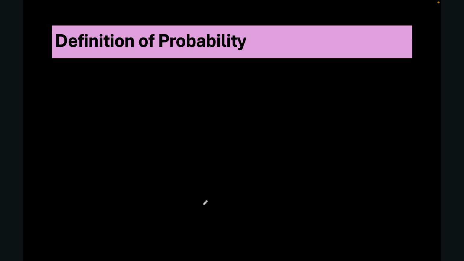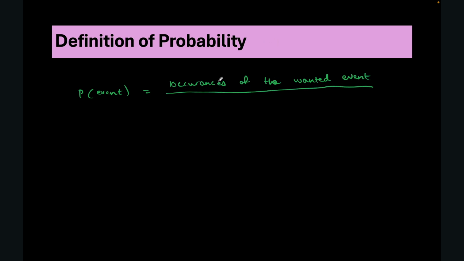so how can we define probability now? Right? Probability, if I had to define it, I don't think I need to, but if I had to define it, well, it'll just be the probability of an event, right? Is the occurrences of the wanted event, by, it's kind of like a ratio, you can say, or like a fraction, right?